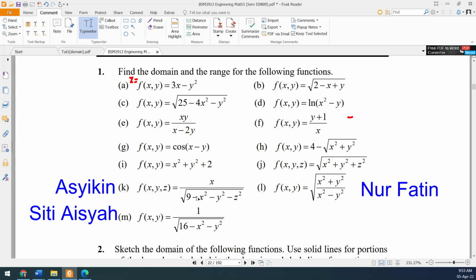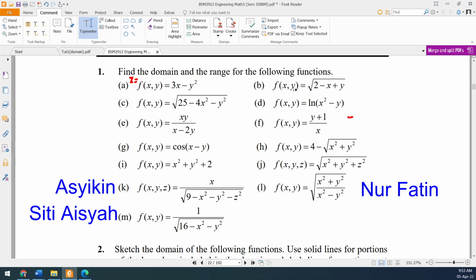Okay, so that's why for k here, you cannot set 9 minus x squared minus y squared minus z squared equal to 0. You can only set it greater than 0. Because otherwise x divide by 0 gives infinity.